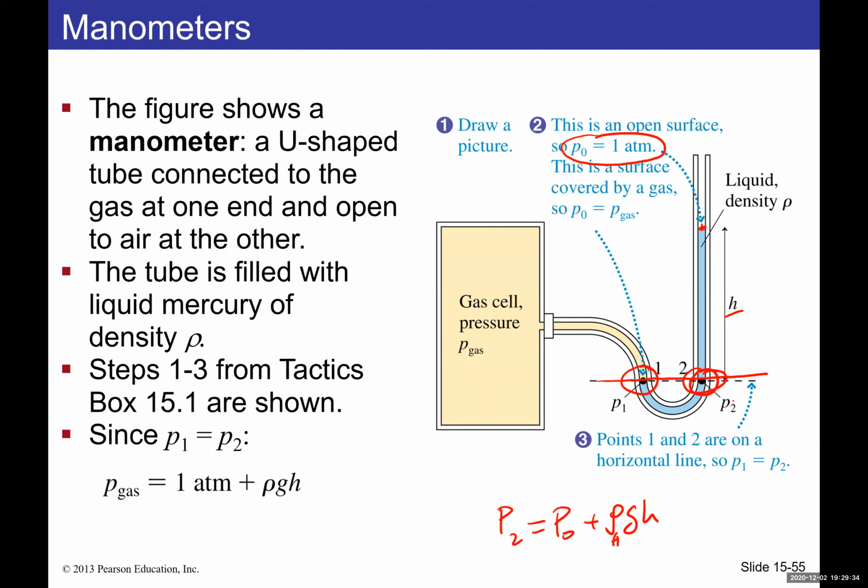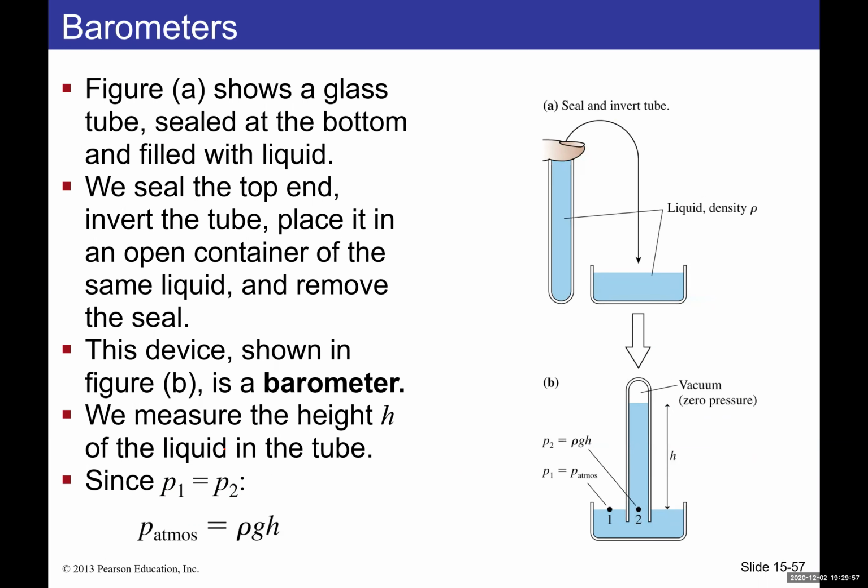Once we find the pressure at point 2, that's exactly the same pressure at point 1. That means the gas pressure is the same as the pressure at point 2, which is atmospheric pressure plus rho g h, because points 1 and 2 are along the same horizontal line.